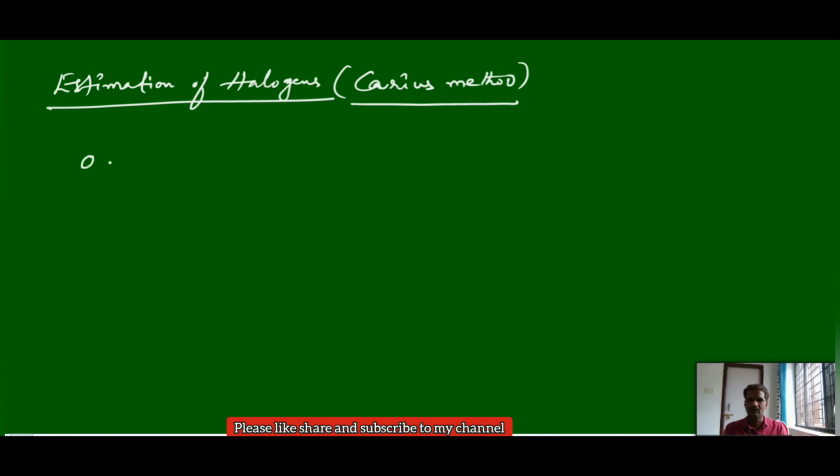For estimation of halogens, you take the organic compound, acidify it with nitric acid, and then treat it with silver nitrate. If any halogen is present in that, it can give a silver halide, simply AgX.